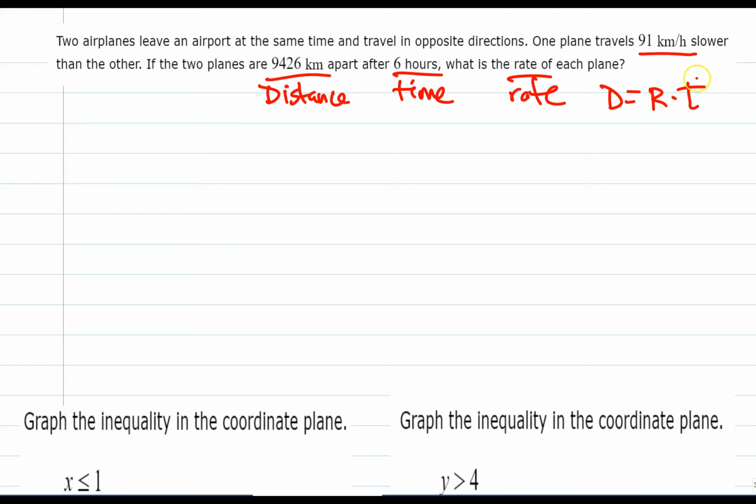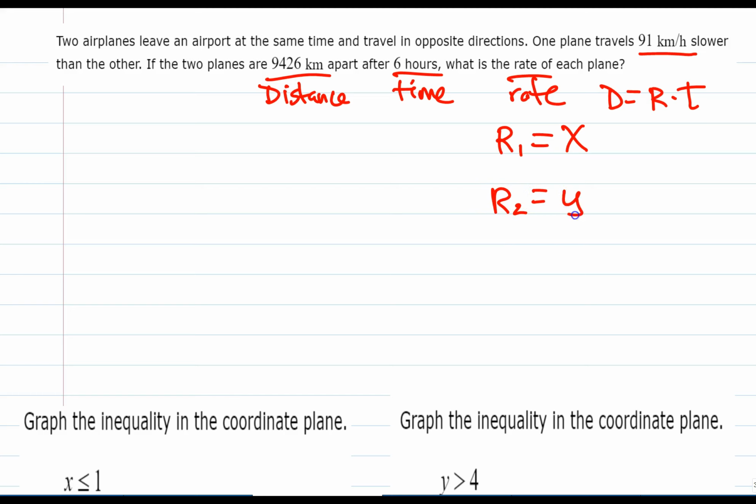So let's see. What is the rate of each plane? We're going to call the first plane, its rate what? Give me a letter for the rate, first plane. Somebody say X. Okay, there you go. What are we going to call the second plane?